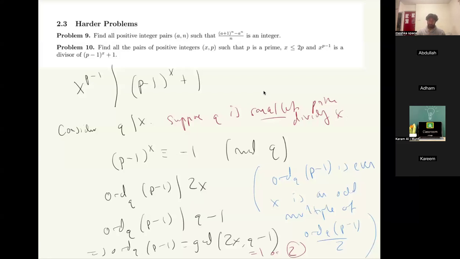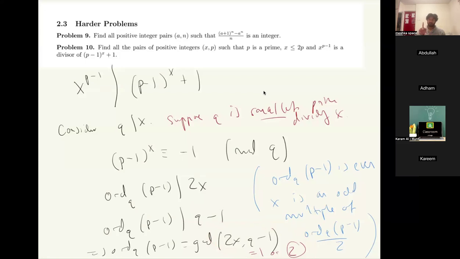Or maybe we could have q is 2, because we can have that the order is 1, and 1 is congruent to minus 1, and so q is 2. So the conclusion here is the GCD is 1 or 2.